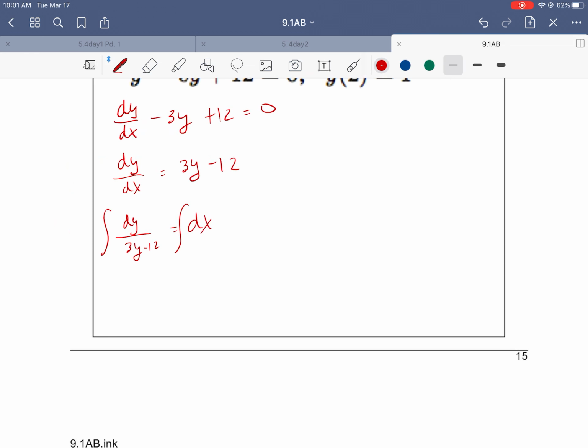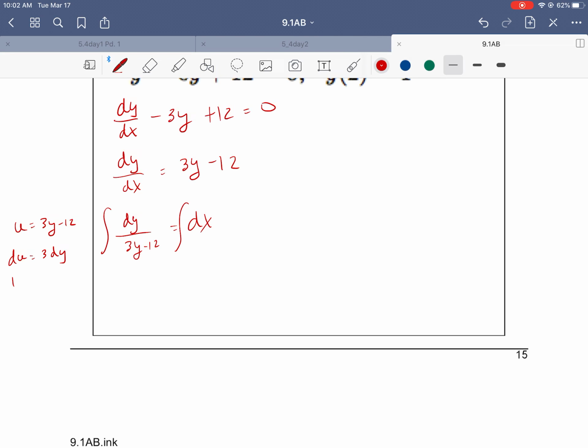Okay, so I'm separated, and here's where I do need to use a u sub. My denominator is 3y minus 12. My du is 3 dy. So 1/3 du is dy. So I have a 1/3 integral of 1/u du equals integral dx.